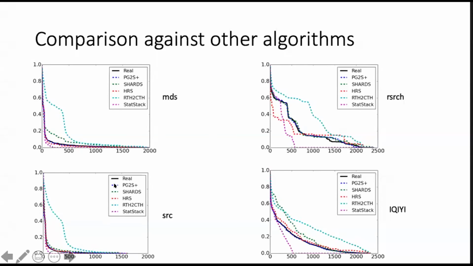We suspect this is due to the low popularity of the traces, whereas RTH to CTH requires high popularity to work. At the same time, we find that the sampling-based algorithms have performance closer to the ground truth. And again, PG2S is always the best among these algorithms. For more experiments on more traces, please check out our paper.